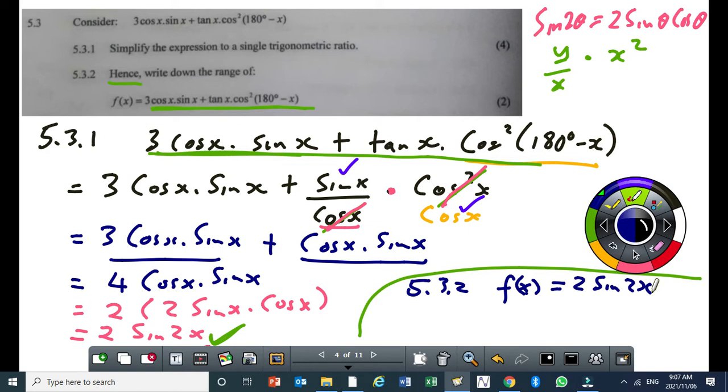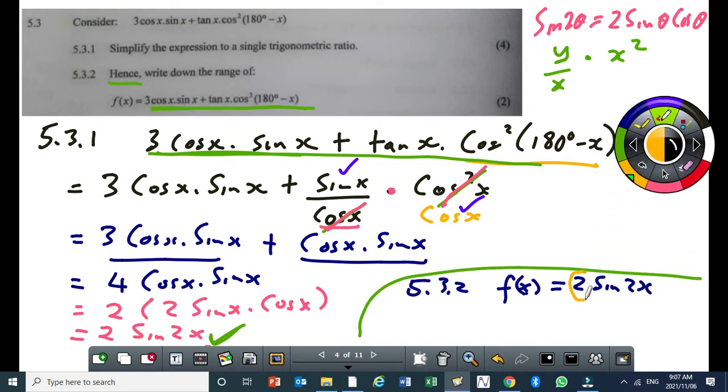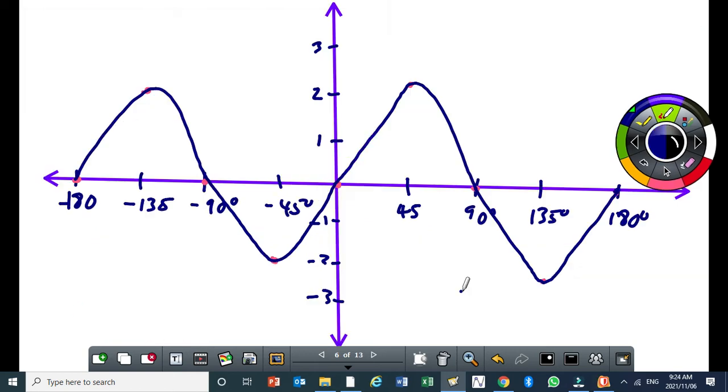So you identify the minimum, you also identify the maximum. So this function here, 2 sine 2x, has an amplitude, which is 2. That's the maximum value of y. The minimum is going to be negative what? Negative 2. Right. Exercise. Sketch this graph. Now that you have sketched, I'm sure you can see what the minimum is and what the maximum is.